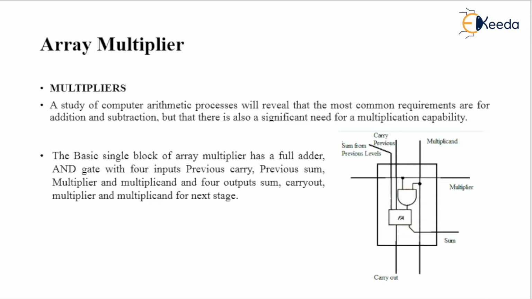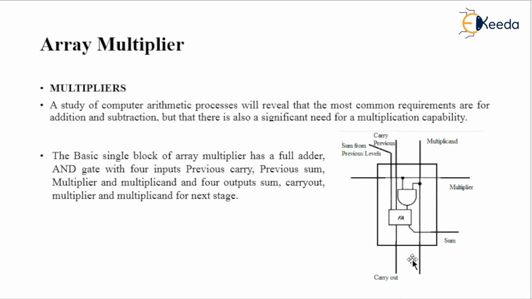That multiplier is considered an array multiplier. See here, this is a basic block of an array multiplier, which has a full adder as well as an AND gate. It has 4 inputs: multiplier, multiplicand, carry, and the previous sum from our previous levels.